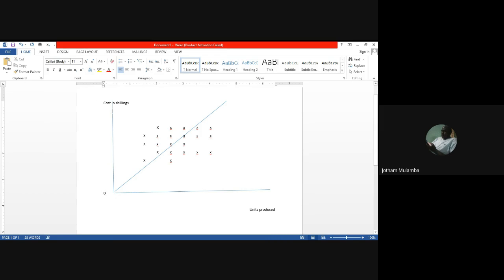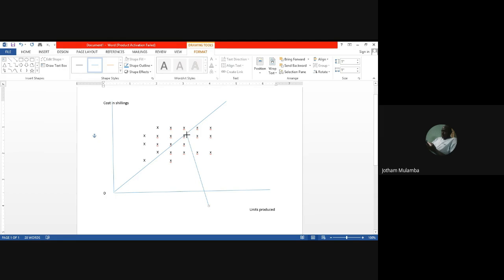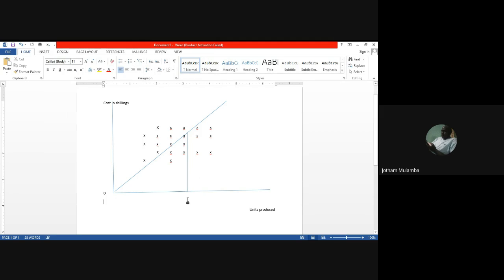So now we can estimate that if we produce a particular set of units, for example at this level, imagining this is production 1, at production 1 we can come up with the cost.